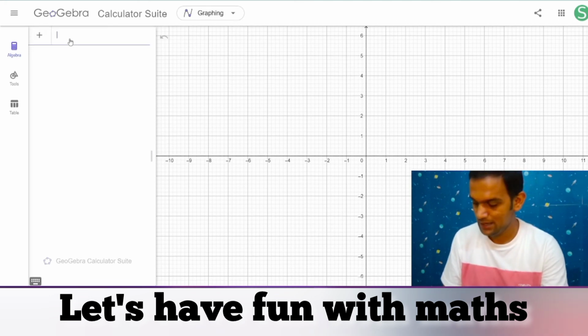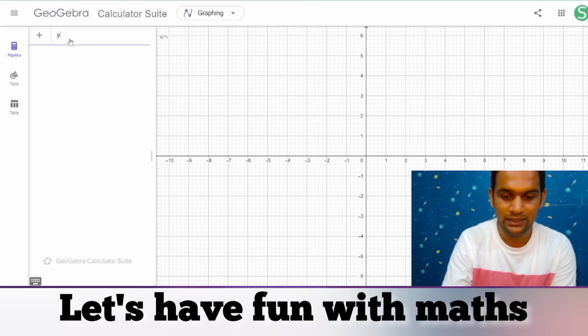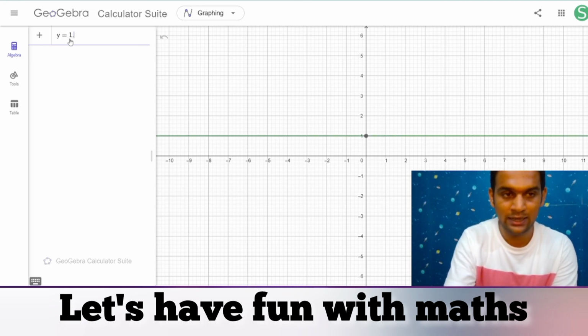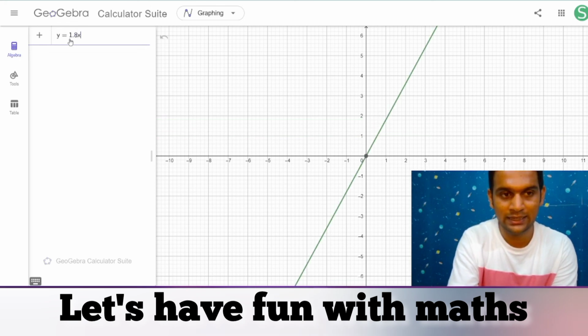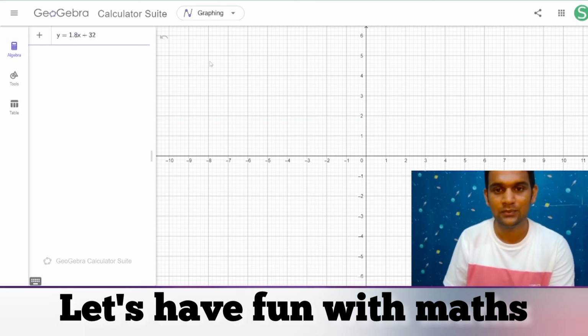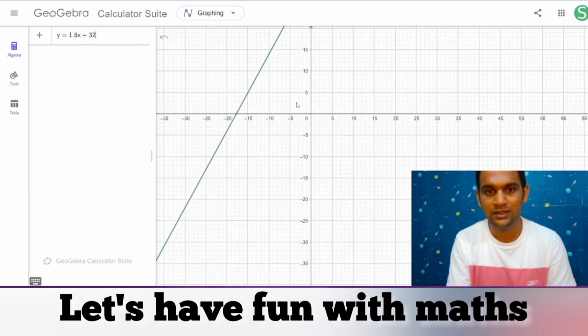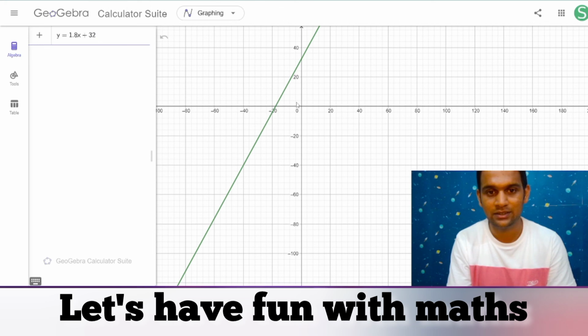Okay, so we have the equation y equals 9 by 5, which is nothing but 1.8, x plus 32. Yes, so if I make the graph smaller, as you can see, it looks like this.